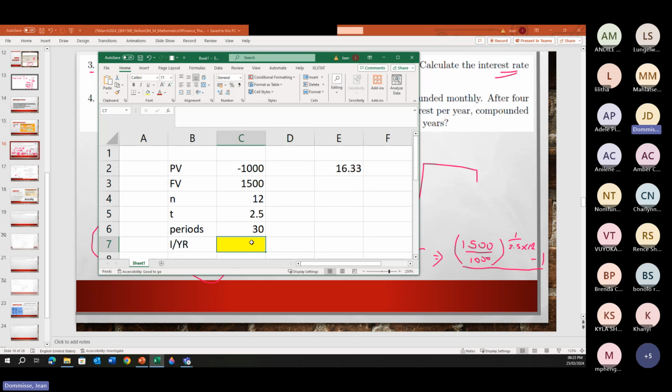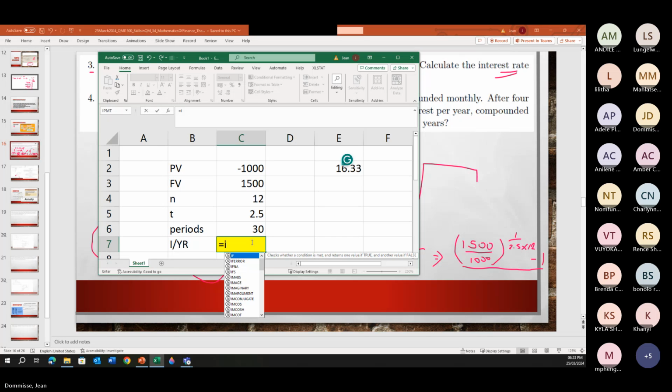But then in your Excel formulas, let's just quickly get what is the interest rate formula. What is it called? I'll just write.